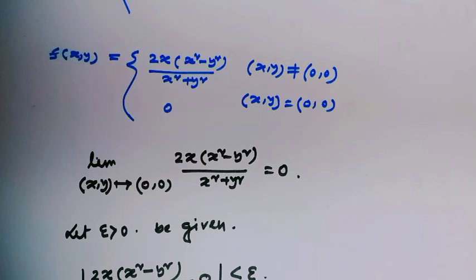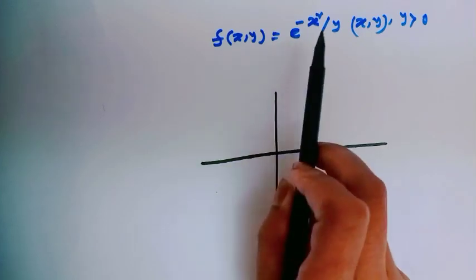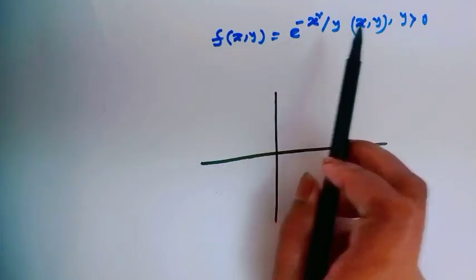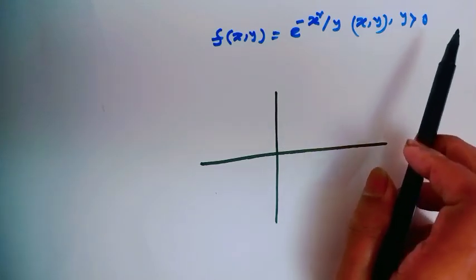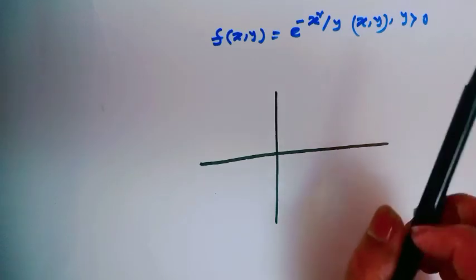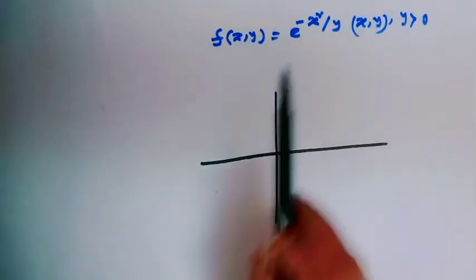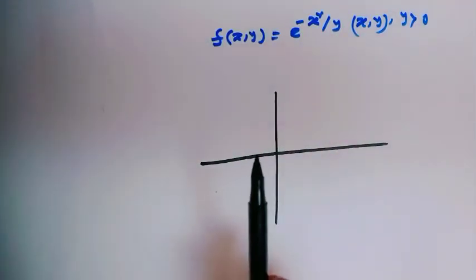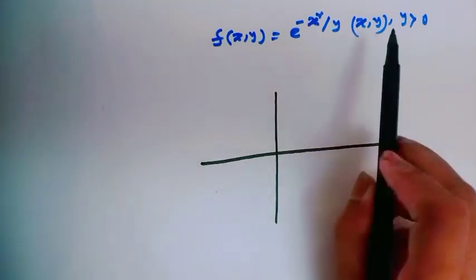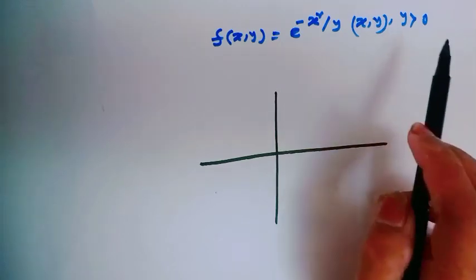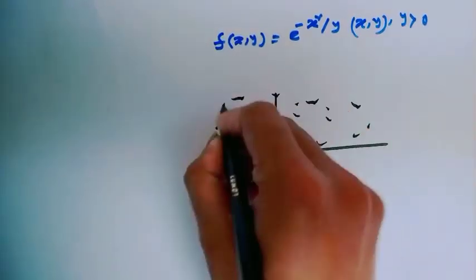Well, let's consider another function: f(x,y) equals e to the power minus x square over y, for (x,y) such that y greater than 0. This is a very nice function. At first I recommend you please see this example with attention. Here the domain is (x,y) with y greater than 0. That means the upper half plane. This is the domain.